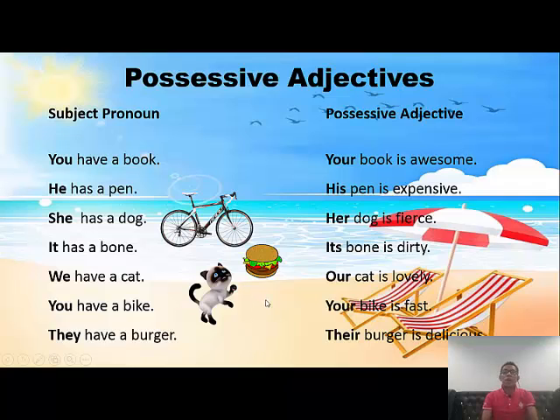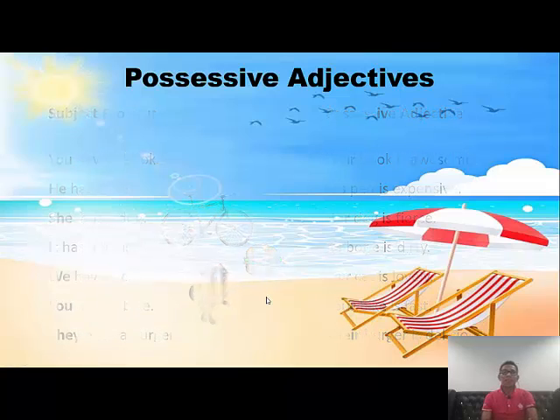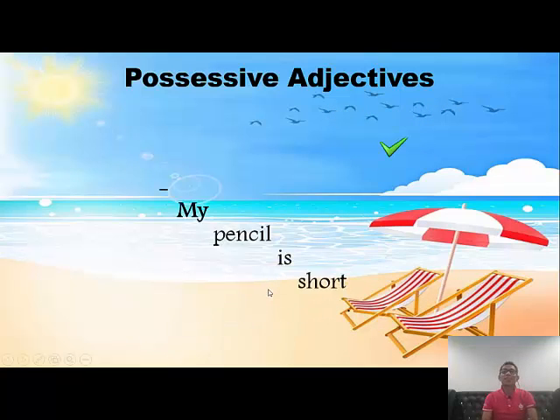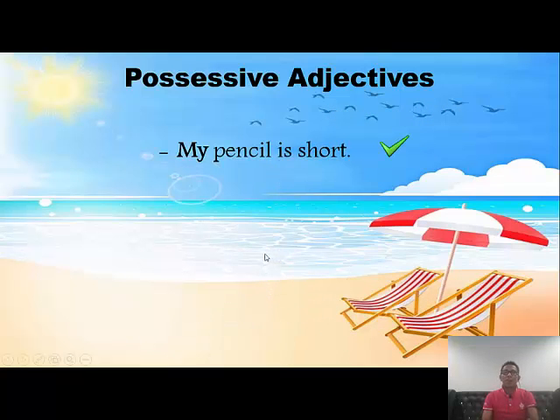All right, so now let's take a look at the next slide. So here is one of the examples. Now let's take a look at the first example. My pencil is short. This is the correct way to tell someone that the pencil belongs to you. My pencil.